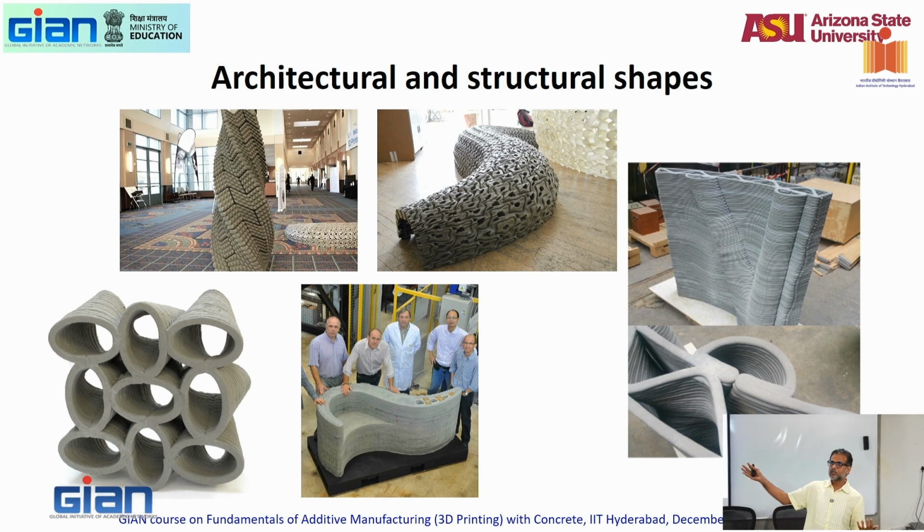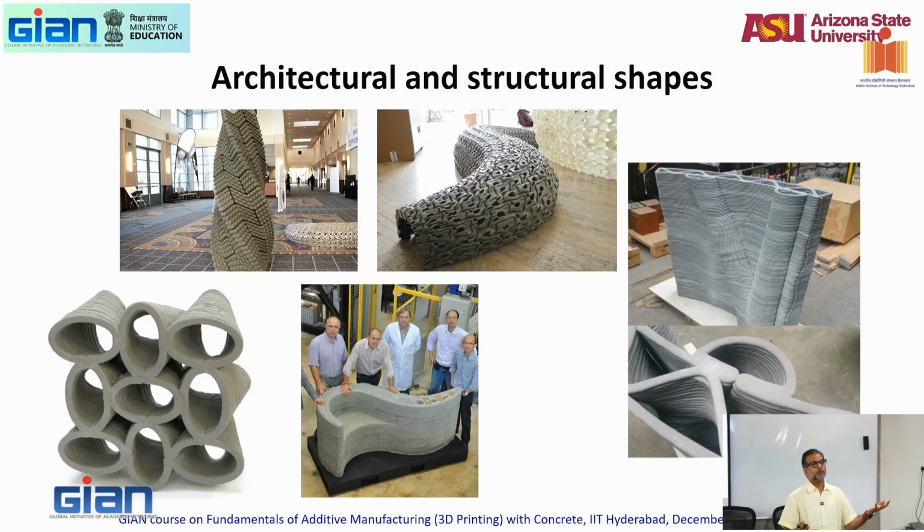The bridge that Professor KVLS has printed here is shape optimized to make sure that you put concrete only in the places that you need. That's another major advantage with concrete additive manufacturing. So if you're thinking of building another house exactly like the house that you have, a rectangular shape and building, probably not much use.